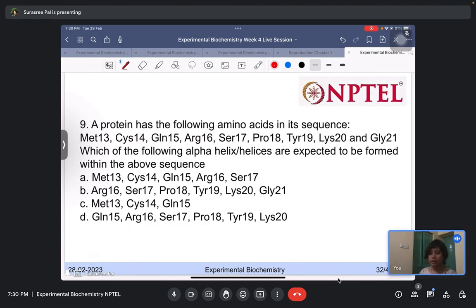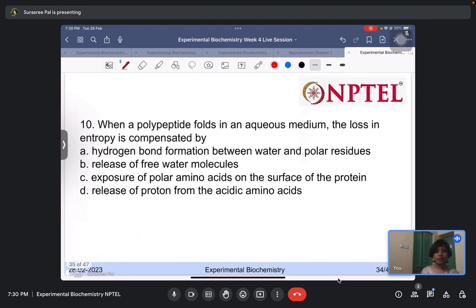As we know, proline is a helix breaker. So if proline is present, then the helix will break. Methionine, cysteine, glutamine, arginine and serine form an alpha helix, but the helix breaks when there is proline. So the possible sequence of the alpha helix will be A, methionine, cysteine, glutamine, arginine and serine. Correct answer. The next question.